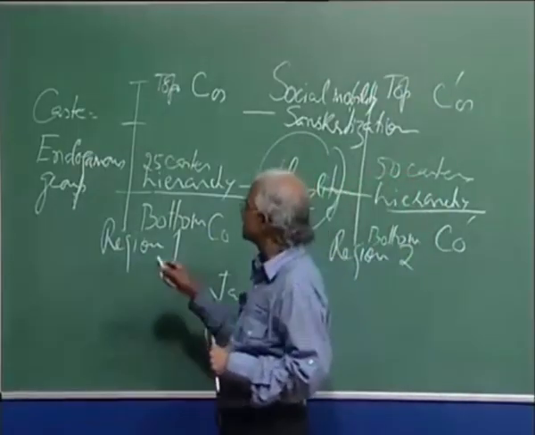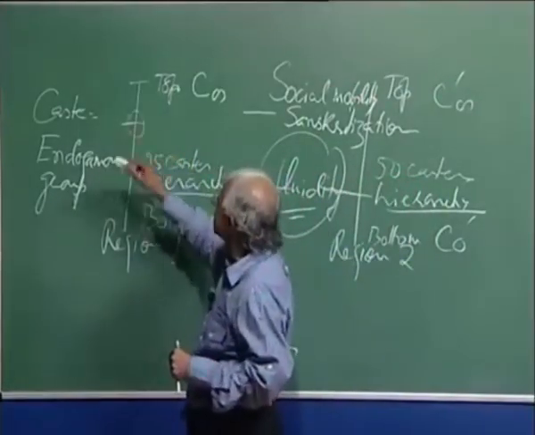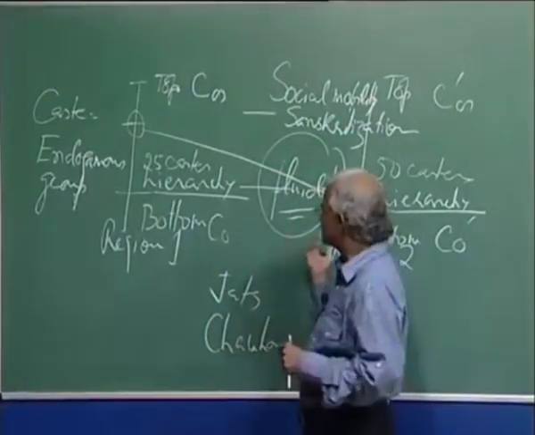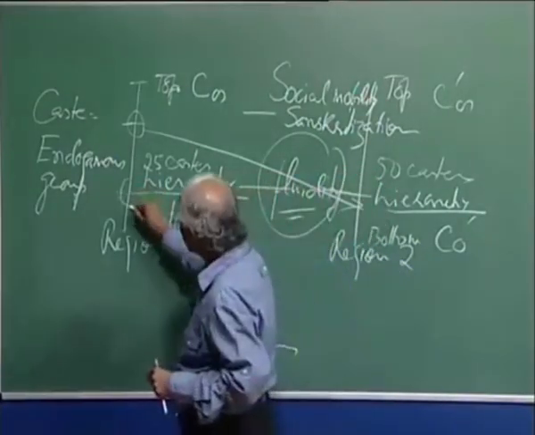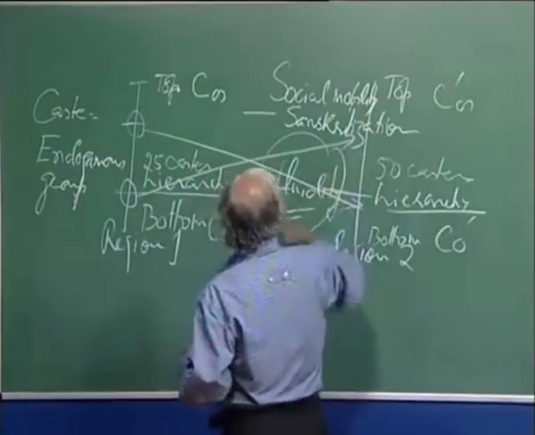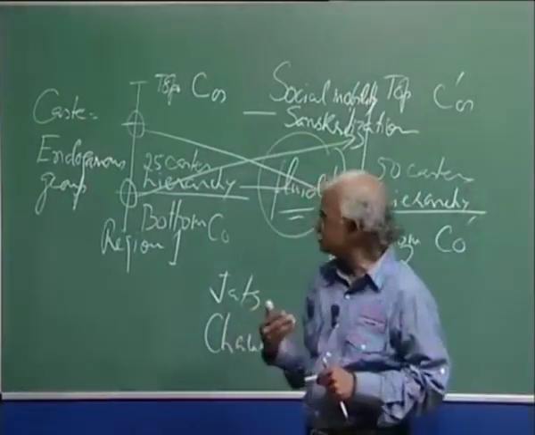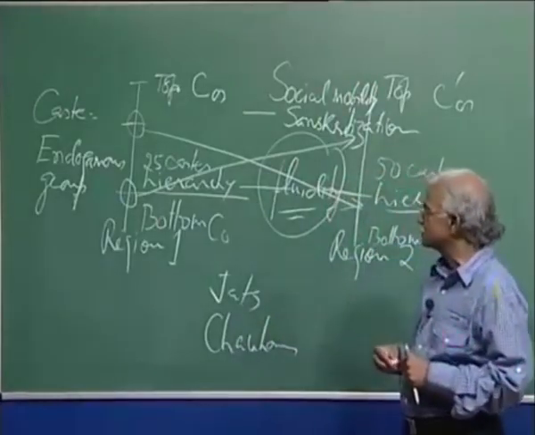It is quite possible that a caste which is high in region 1 is at a much lower level in region 2. A caste which is at a lower level here is at a much higher level in region 2. That makes caste and caste mobility or Sanskritization a complex phenomenon.